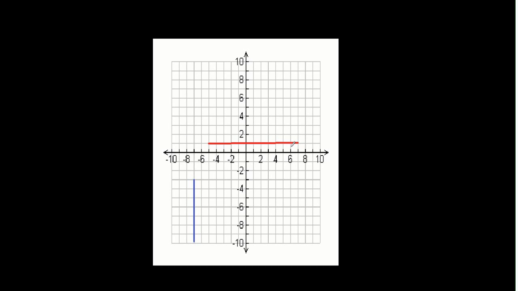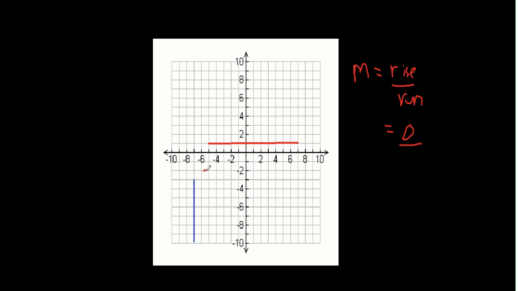That's because a horizontal line does not rise up or down, and that means the rise of a horizontal line is 0. So if we were to calculate the slope of a horizontal line, m would be rise over run. And like I said, the line doesn't rise up or down, so the rise would just be 0, and the run would be here.